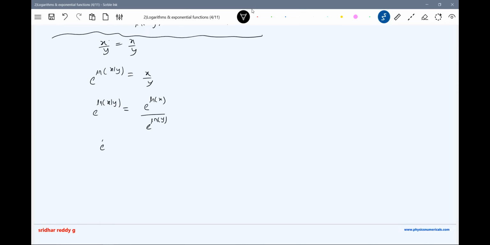Further simplification of this is equal to e to the power of log x into e to the power of minus log y. So this will get simplified as e to the power of log x minus log y.